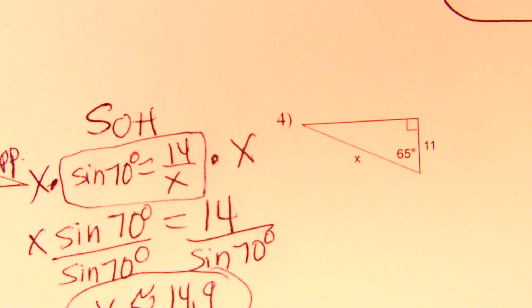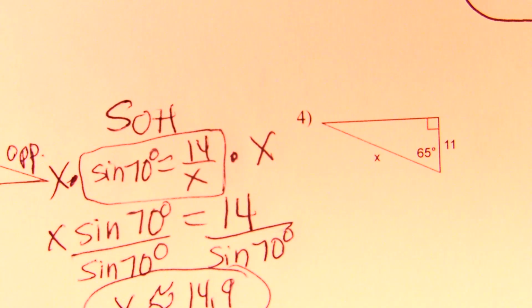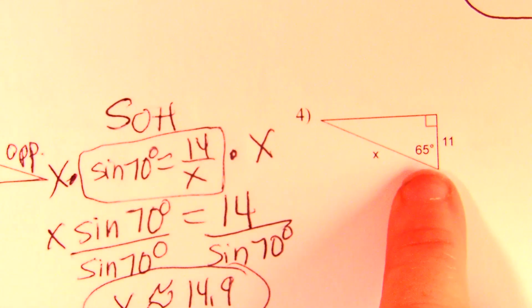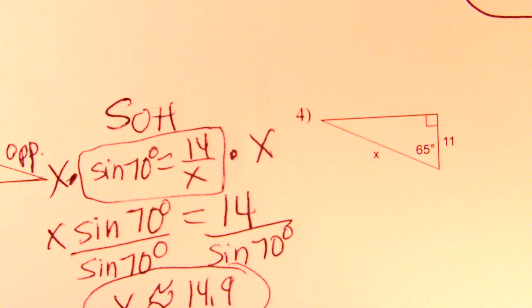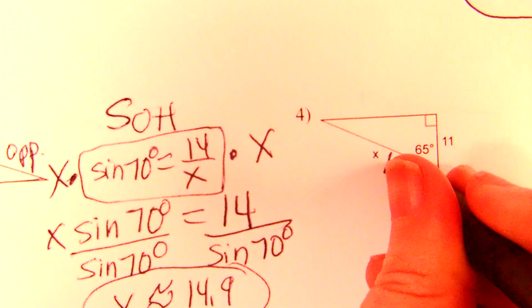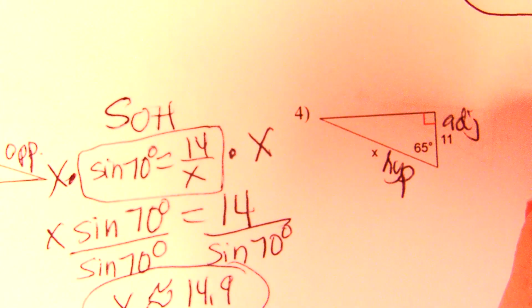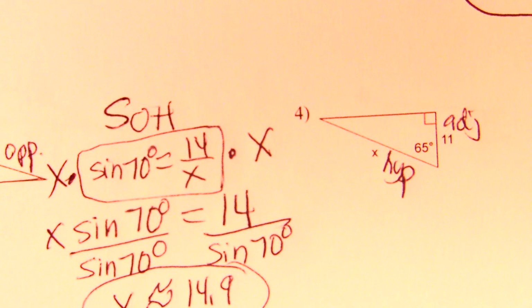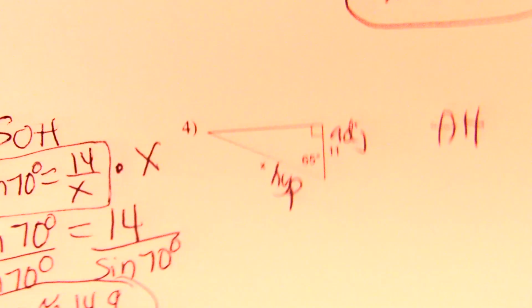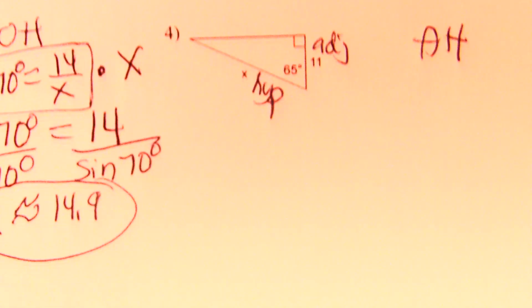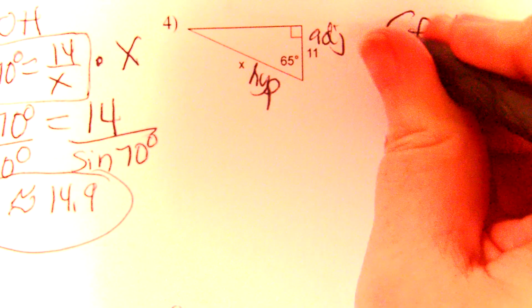Okay, the next one, label the sides with respect to angle, and the angle is 65 degrees. So label opposite, adjacent, hypotenuse. So which ratio is that going to be? Cosine.